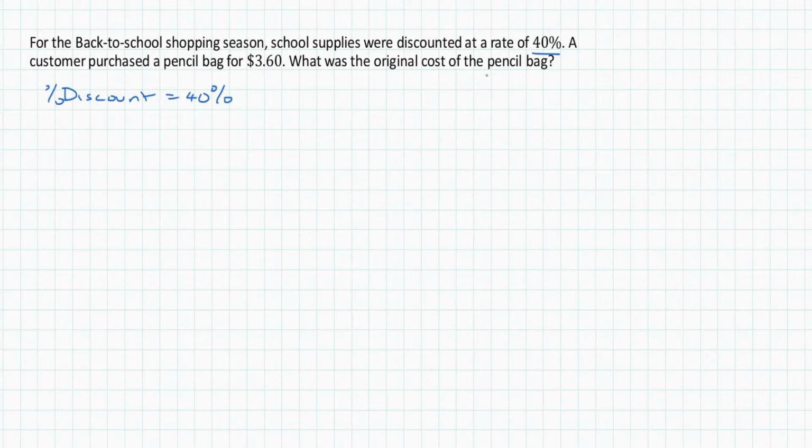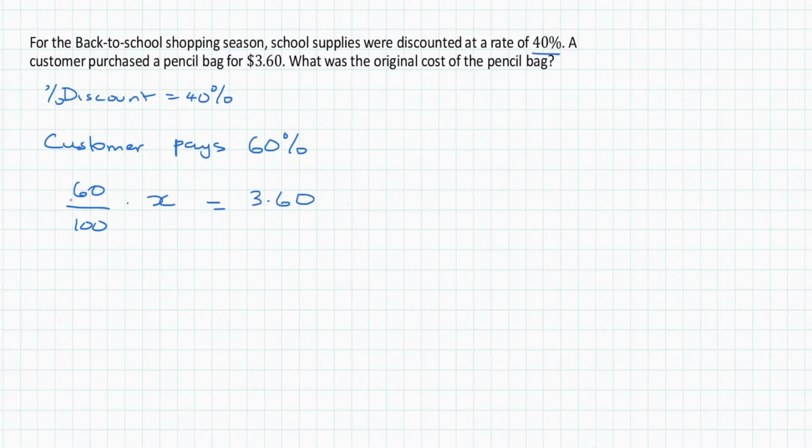What was the original cost? So now we have two ways to look at this. One way is to identify that if the discount is 40%, that means that the customer pays 60% of the value. Customer pays 60%.